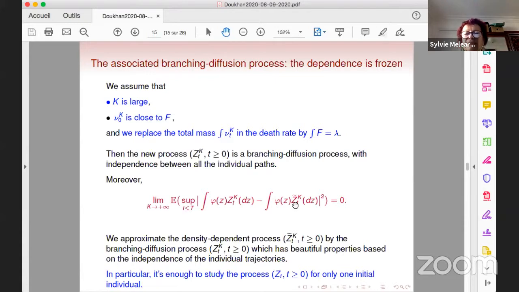And here, since it's a branching diffusion process, we have beautiful properties for this process, and a lot of tools can be used. And in particular, we know, because of the independence of individual paths, and also because all these paths have the same law, that we can study the process with only one initial individual, which we will do now.